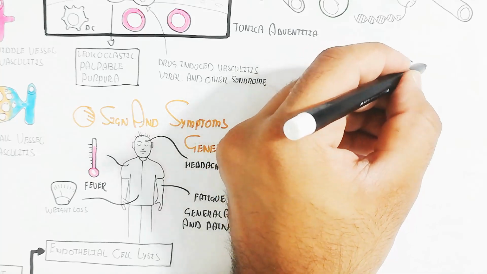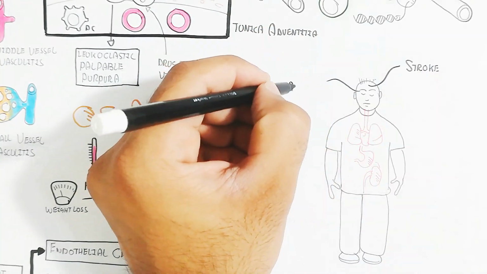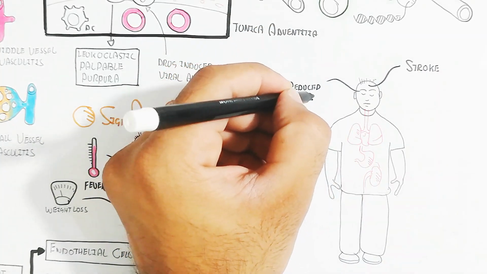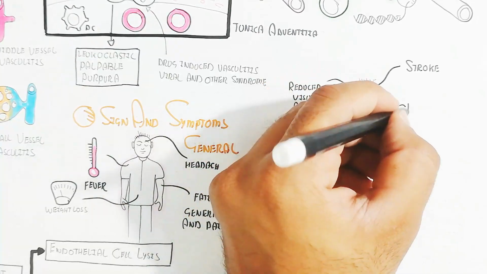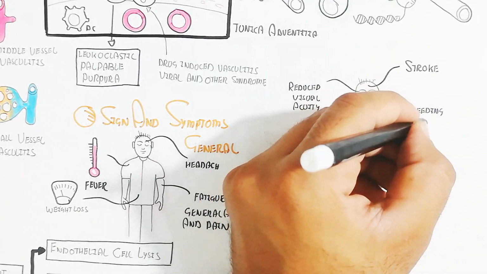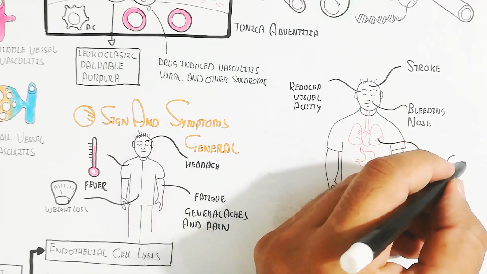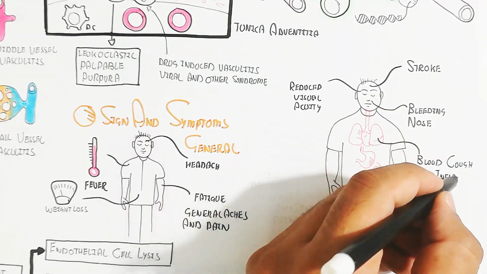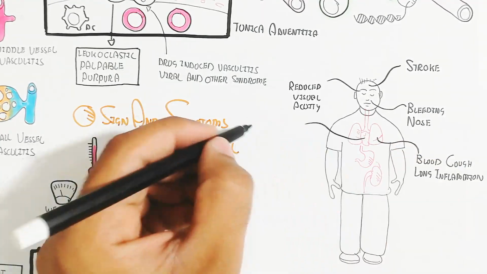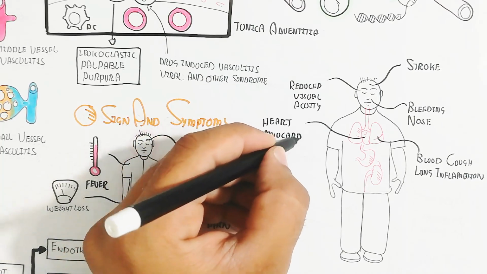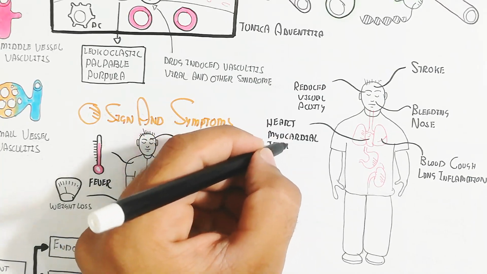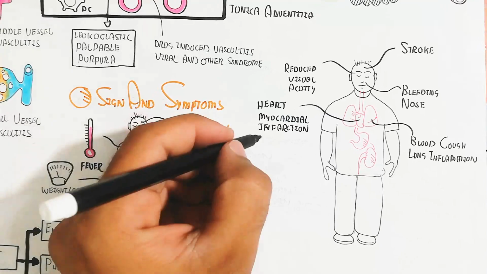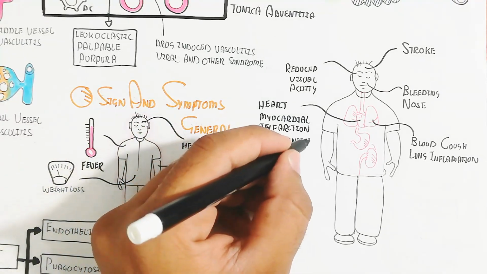Basic symptoms are reduced visual acuity, stroke can occur, and bleeding of the nose due to blood vessel rupturing. If we discuss the lungs, there are bloody cough, lung inflammation and infiltration. For the heart, there are myocardial infarction and hypertension.